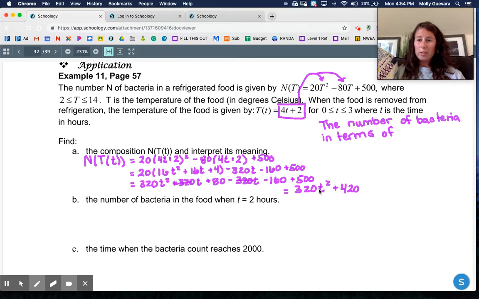The variable is lowercase t, and lowercase t is time. So in terms of time in hours the food has been out of the fridge.